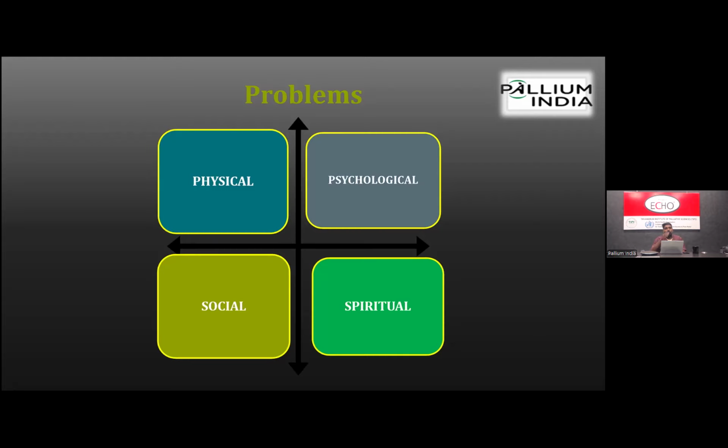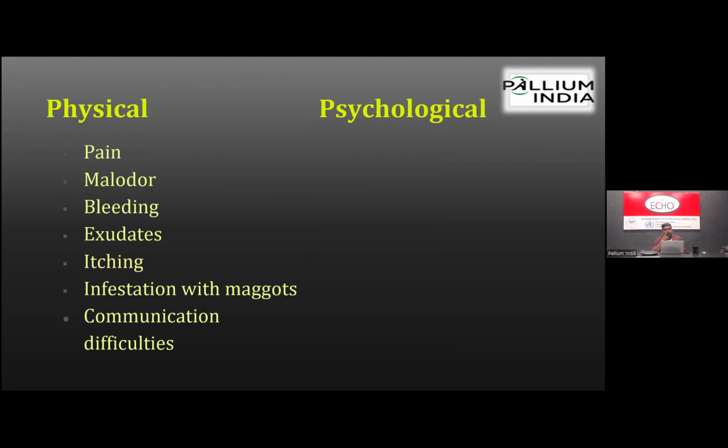So we can go through the other domains as problems. First one is the physical. Physically, the patient will have pain, malodor, foul smell, bleeding, high exudate. Frequently we need to change the dressing pad. Itching will be there, not only on the wound but also in the surrounding skin area.